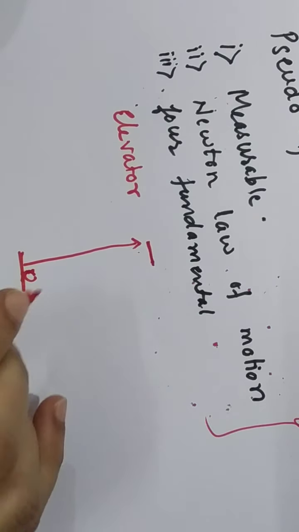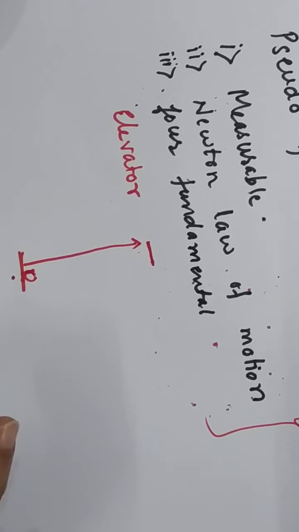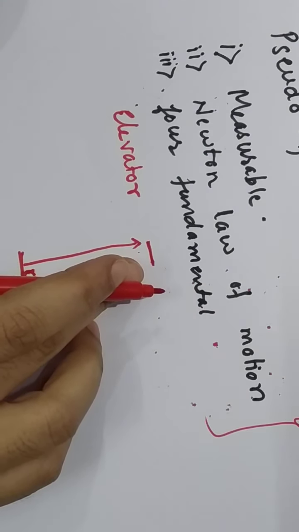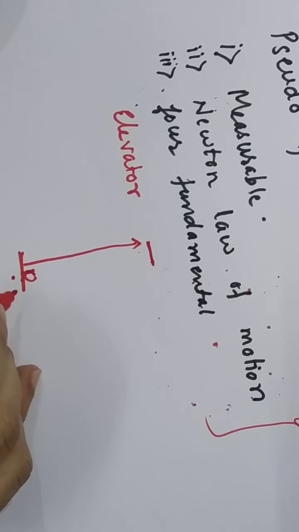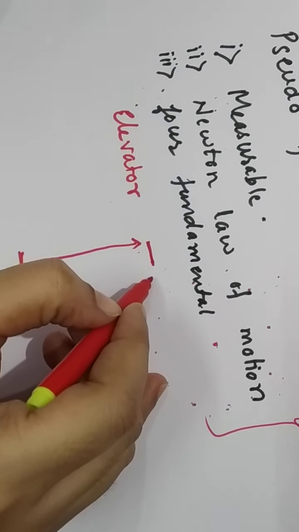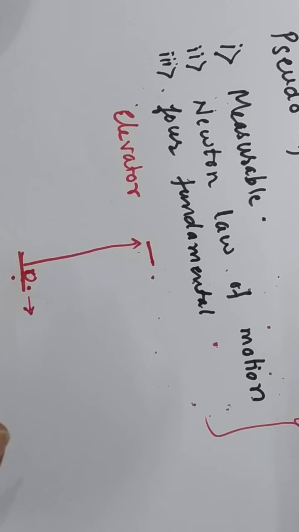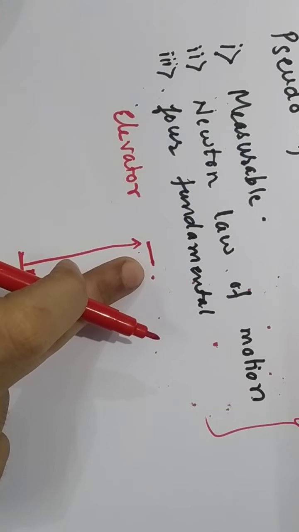What does it mean, increasing the weight at the bottom and decreasing the weight at the stopping position of the elevator? These are the two positions where the lift is accelerated and where the lift is decelerated. These are forces which we can feel, and if any precise instrument, a weighing machine, is placed inside the lift, we can measure that increment and decrement in the weight also.